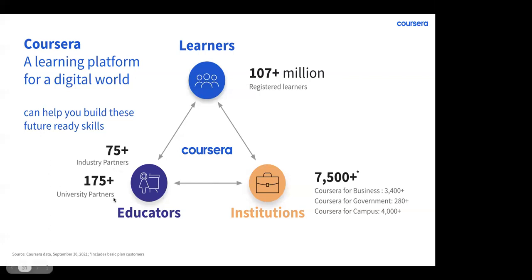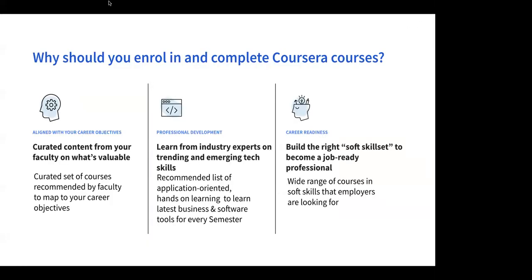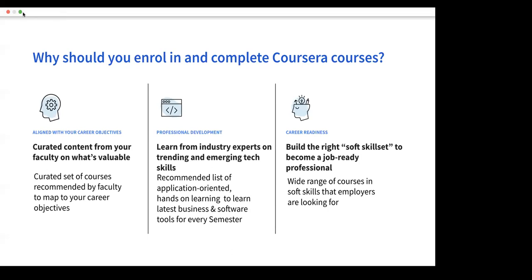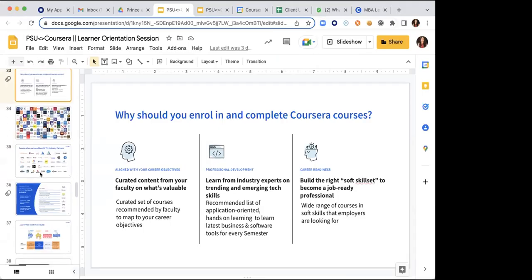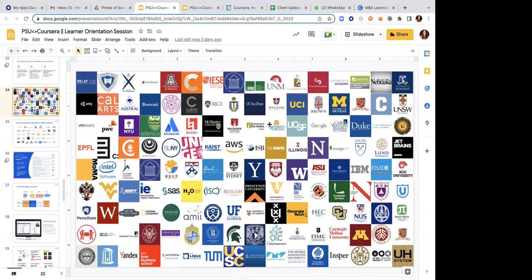Along with the university partners, we also have 75 plus industry partners. By industry partners, and I think if I can show you the slide as well in terms of which are the university partners that we have. So this is a quick glimpse of the universities that we work with.